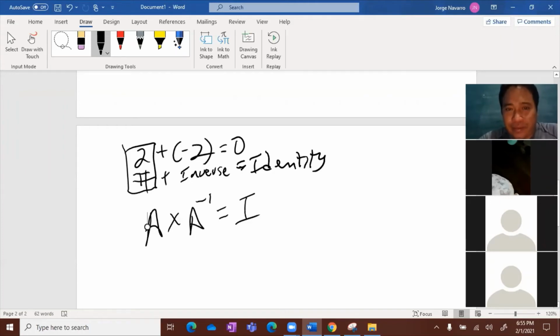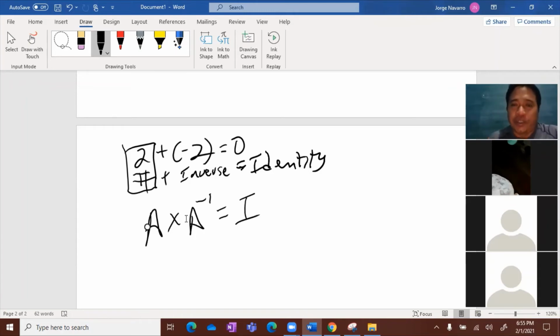So, sir, if we don't get the identity, it means it's wrong, right? That's right. Because it always has to give us the identity.